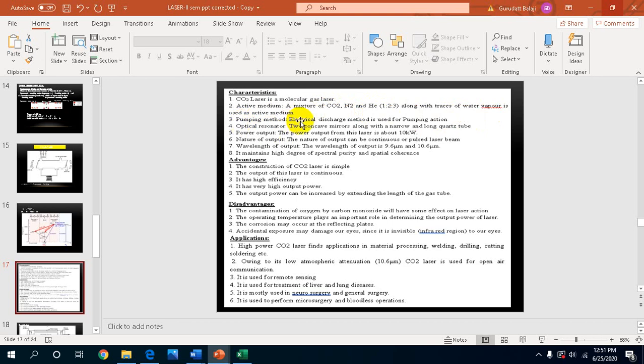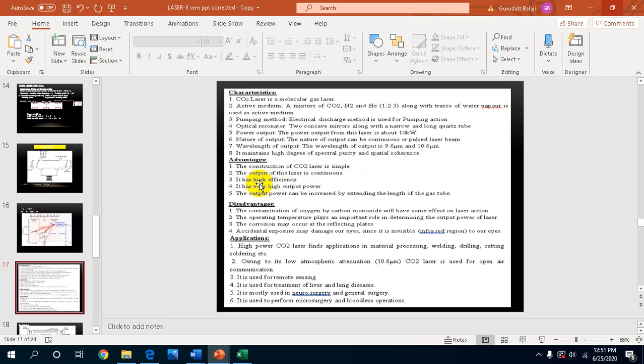The pumping method is electrical discharge, and the optical resonator is two concave mirrors along with a narrow and long quartz tube. The power output from this laser is about 10 kilowatt. The nature of output is continuous, or we can also obtain a pulsed laser beam. The wavelength of output is 9.6 and 10.6 micrometer, with very high spectral purity and spatial coherence.